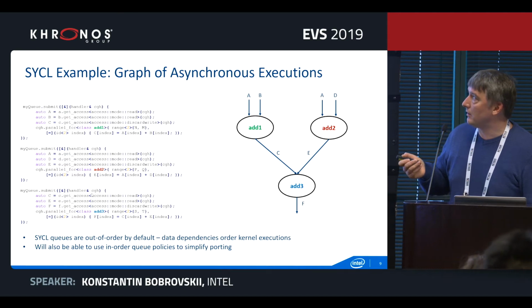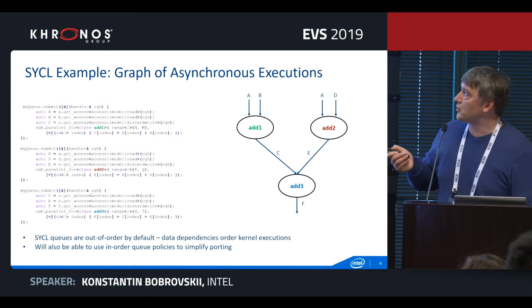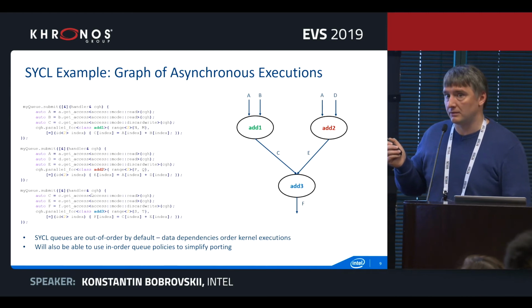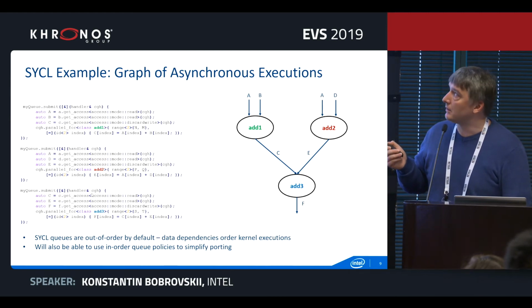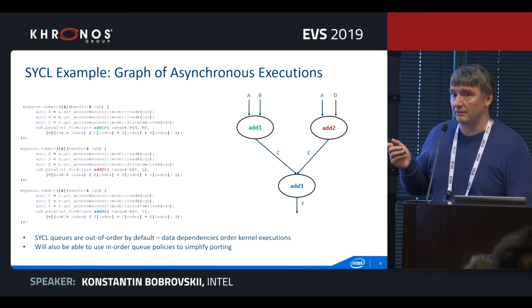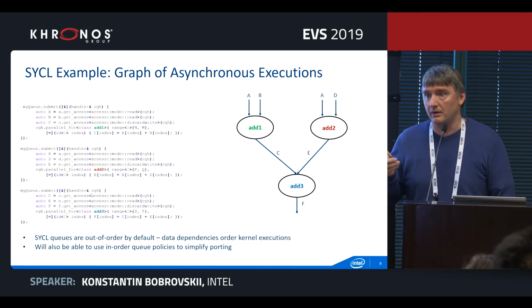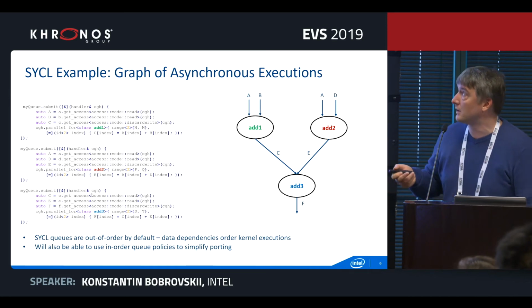Another example shows how 2 kernels which are not dependent on each other can be executed in parallel. So actually the SYCL Runtime will guess the correct dependence graph here, and it will schedule Add1 and Add2 to execute in parallel if there are underlying resources available, of course.